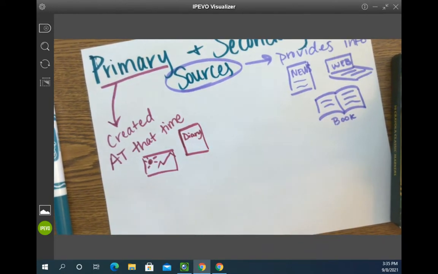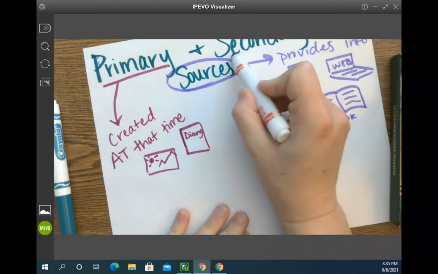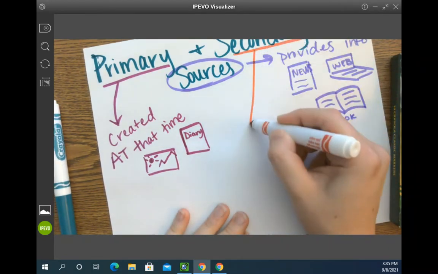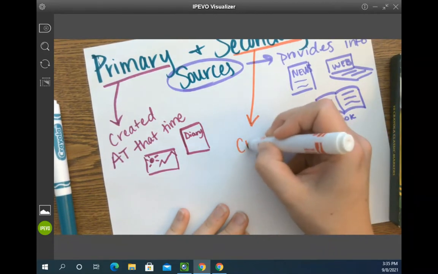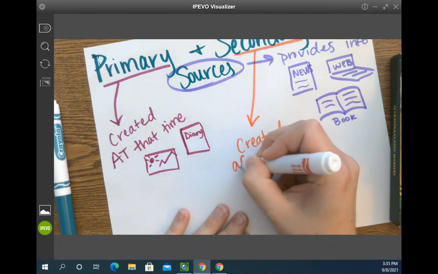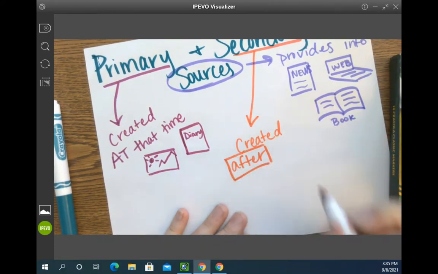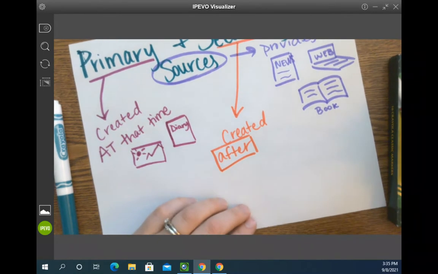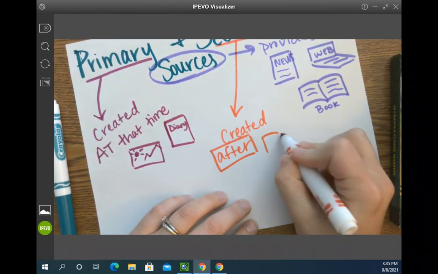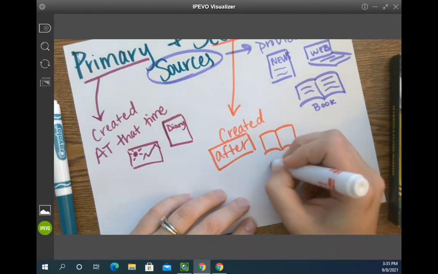Secondary sources are things that were created after that time or after that event. After. So this would be like your textbook or your magazines.